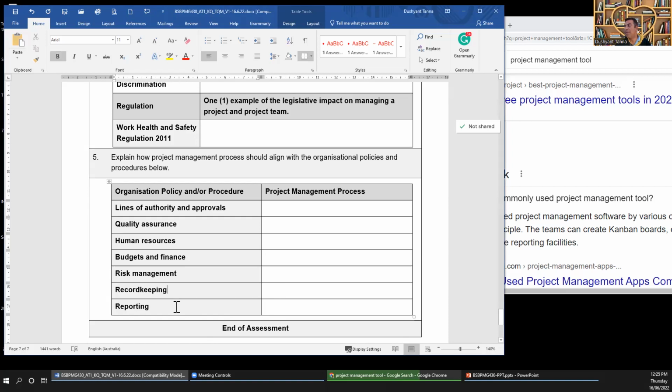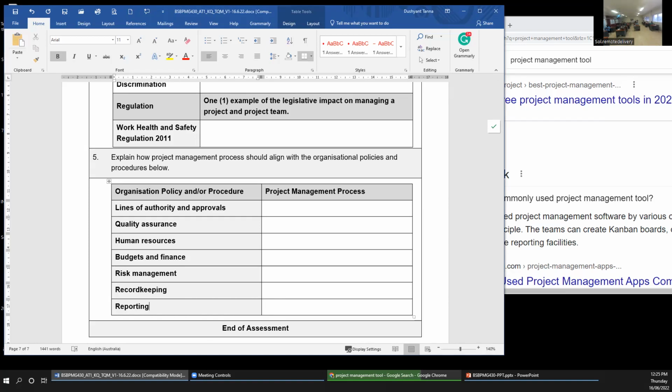Okay. Record keeping is where will you keep records? How will you keep records? What will you take care of? Remember, we talked about version control. That's a part of record keeping. We'll have some versions of the project document. If we need to change anything, we'll update our version control and notify the members, okay, do not use version 2 anymore, use the updated version 3.